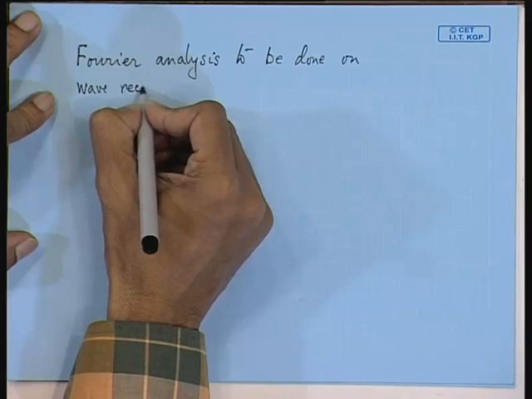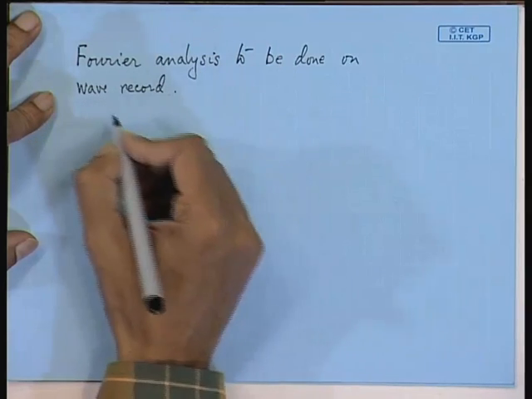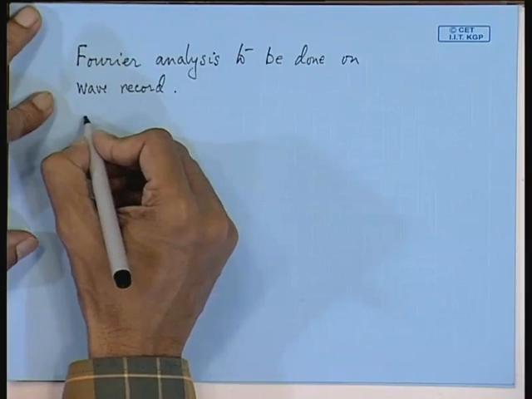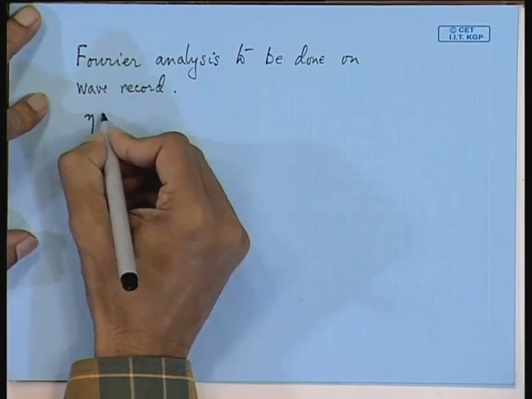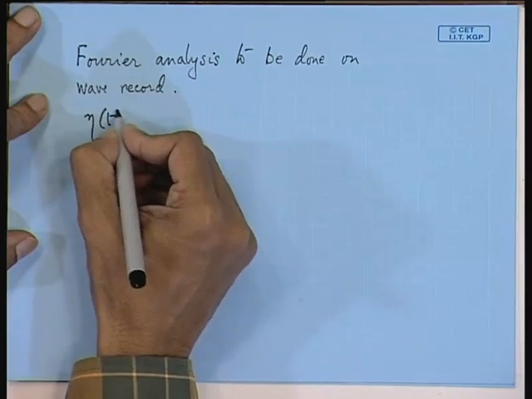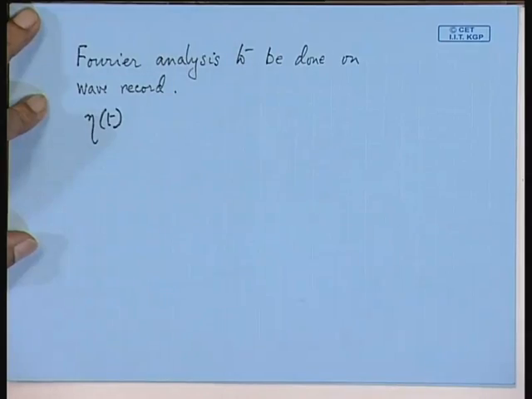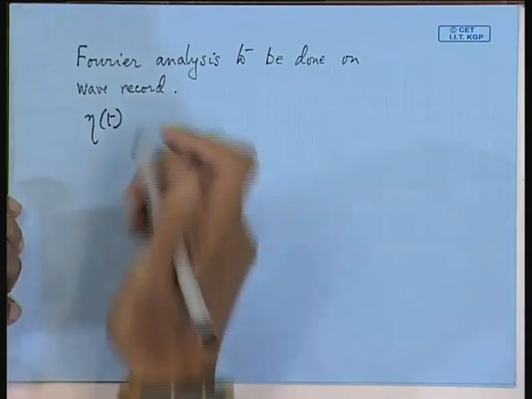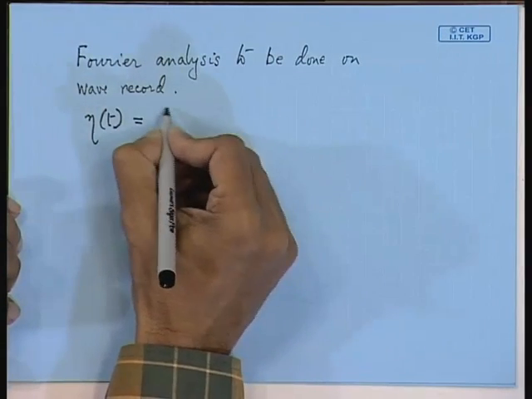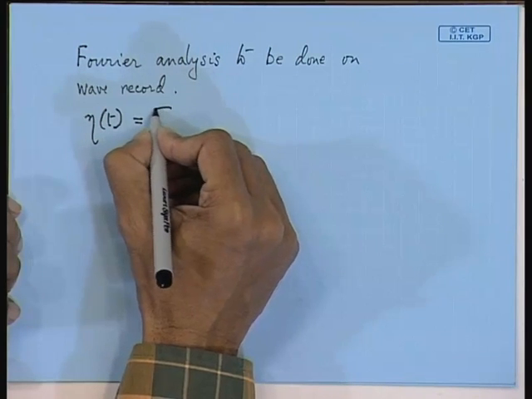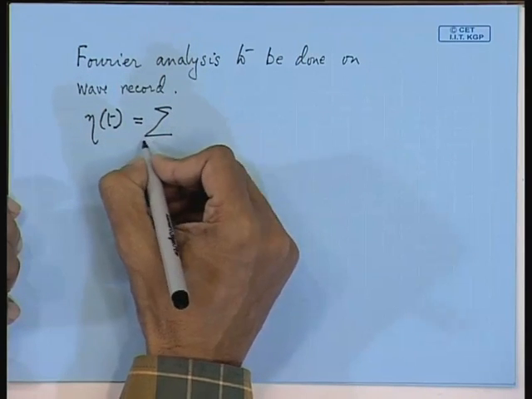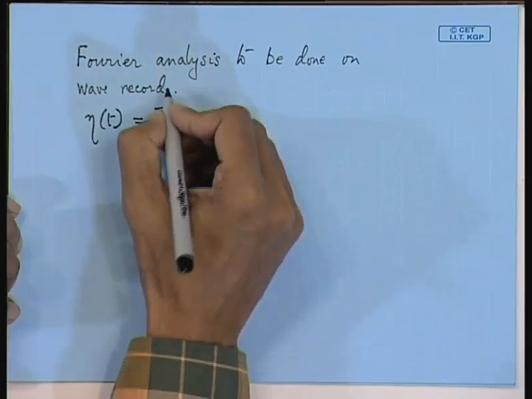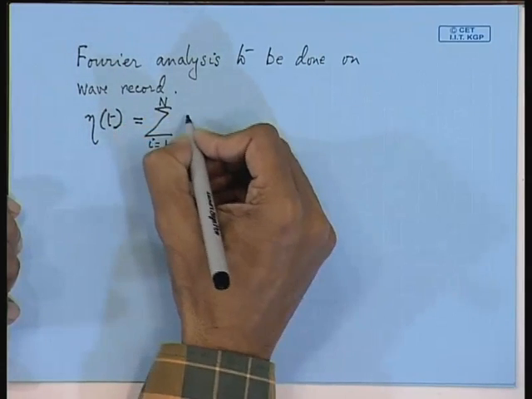So, this particular thing you study in dynamical oceanography, and ultimately you have to get eta of t, that is this curve, followed from what? From number of harmonic components.